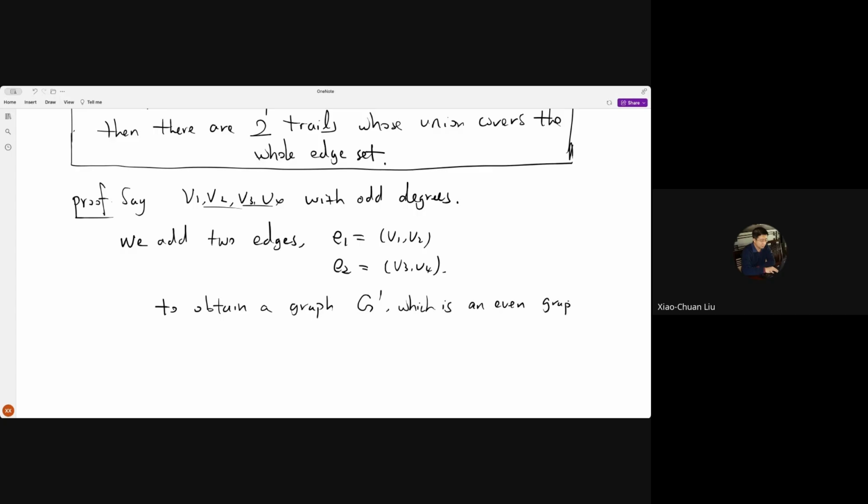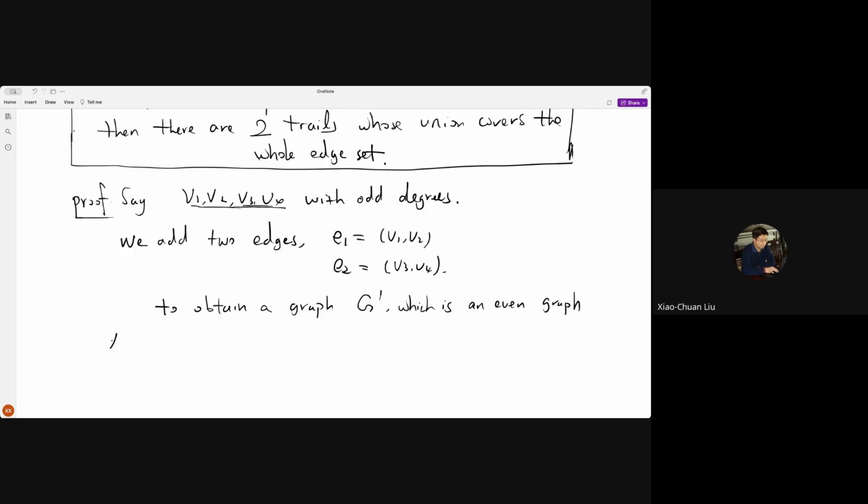which is an even graph. Because all these four vertices now have even degrees, all vertices have even degrees; the degrees of the remaining vertices do not change after this addition.